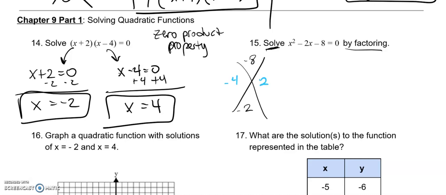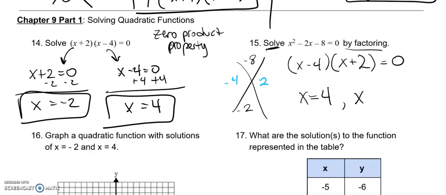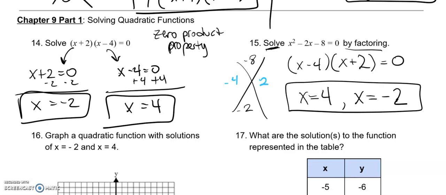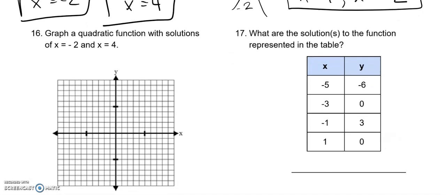I'm going to, again, use that shortcut I was talking about before. So that's x minus 4 times x plus 2 equals 0. And if you notice, this is the exact same factored form as number 14. So hopefully you don't mind, I'm going to skip right to the answers. x equals 4 and x equals negative 2.